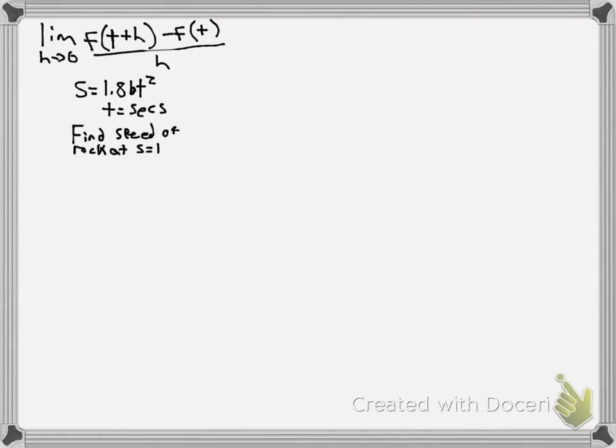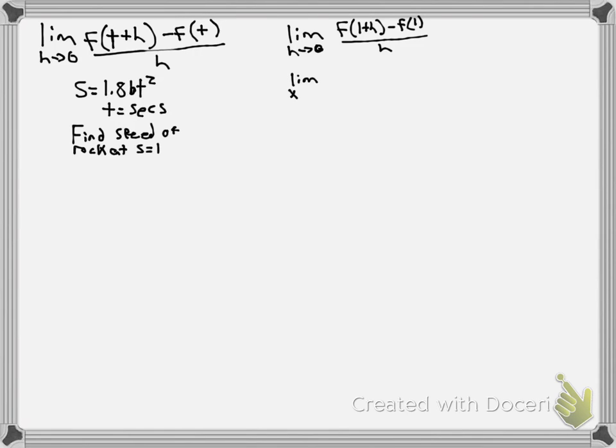So using this as my model, I'm going to change it to the limit as h approaches 0 of f of 1 plus h minus f of 1, all over h. And again, we give you that function. So I've got to take the limit as h approaches 0.